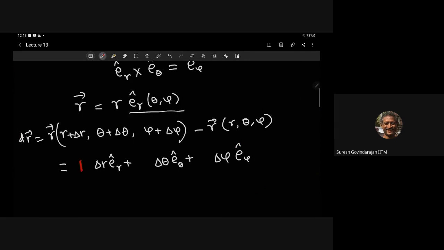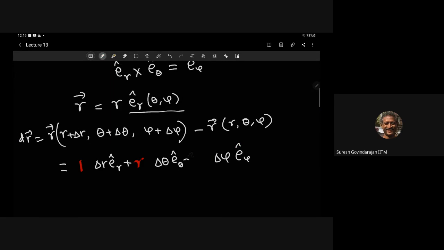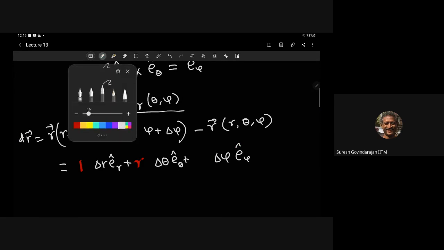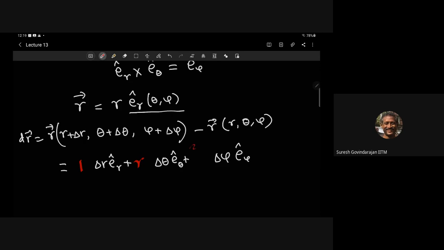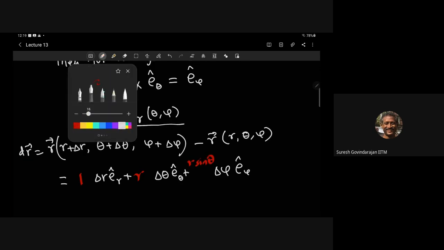It's 1 here, r here, and here it is r sine theta. So these are called scale factors.